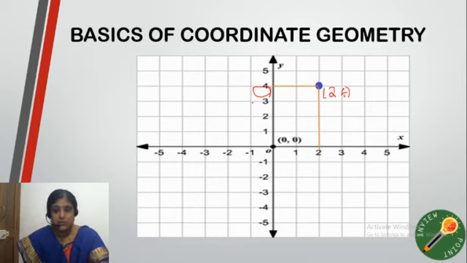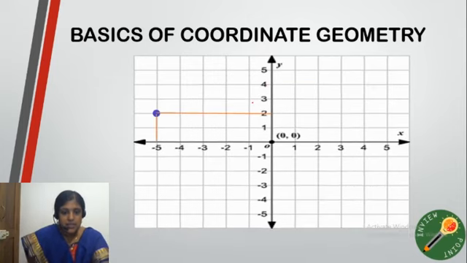And if you take the second quadrant, see here, tell me the coordinates of this point. The x coordinate will be how much? It is minus 5, and the y coordinate is what? 2, right? So the point is represented as minus 5, 2.